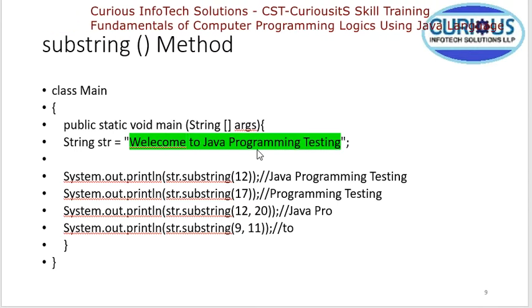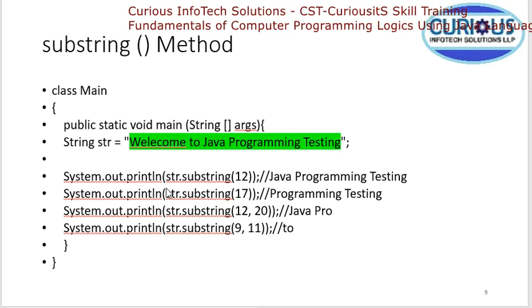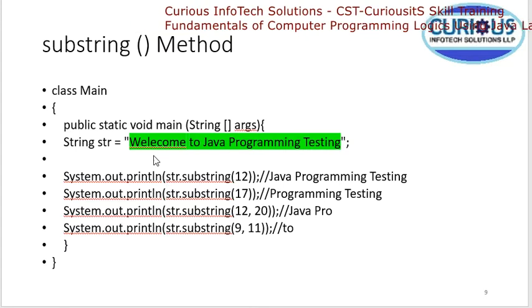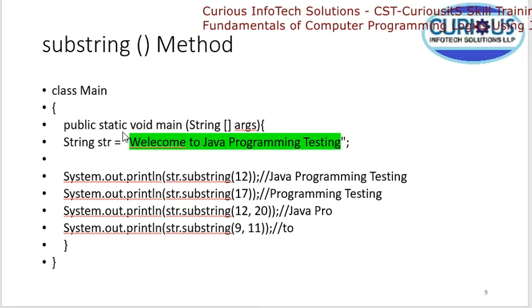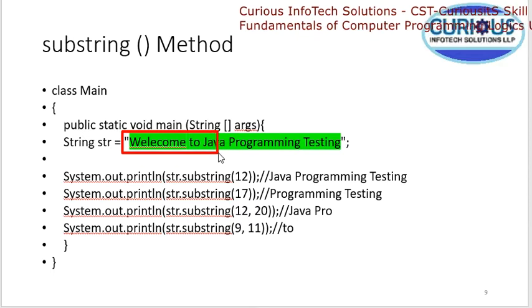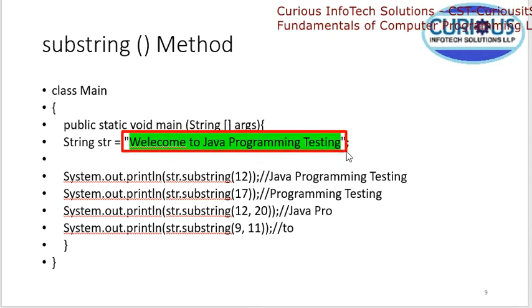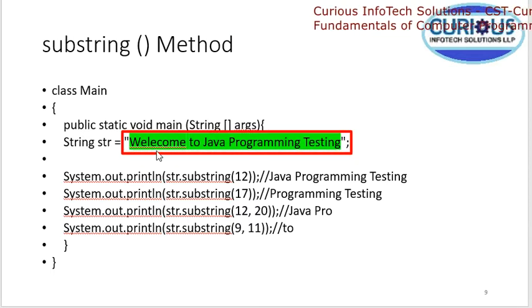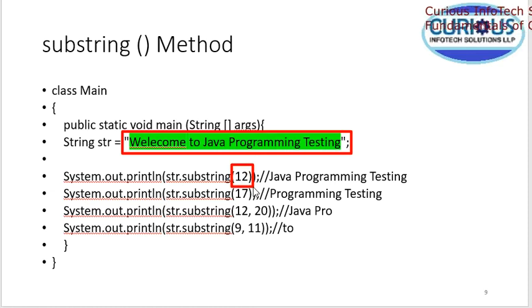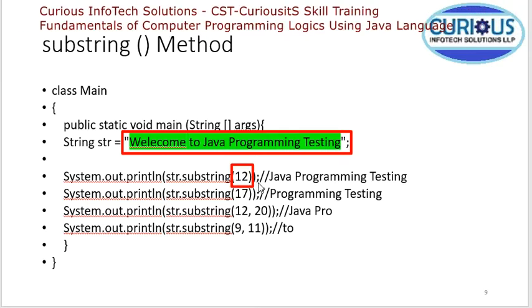Now come to substring. What will substring do? The substring basically gives the substring from the main string. Let me have the main string welcome to Java programming testing. Here we are getting welcome to Java programming testing, but let me say I want what is after 12.